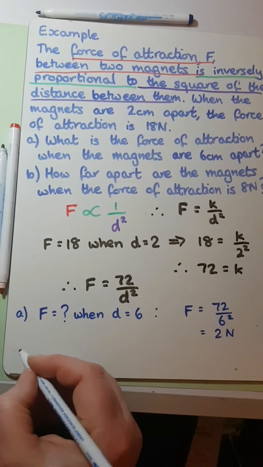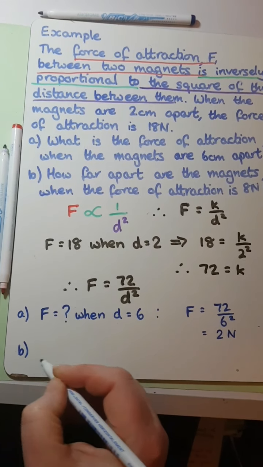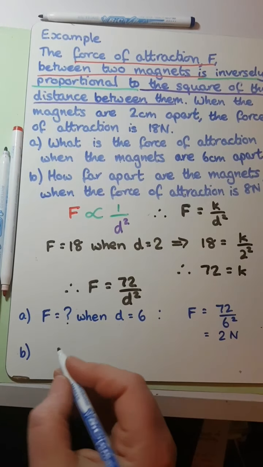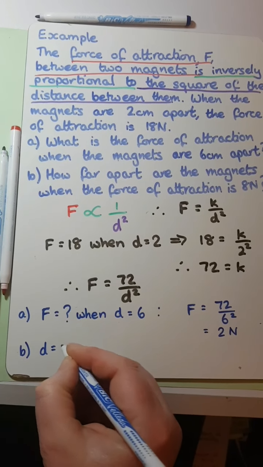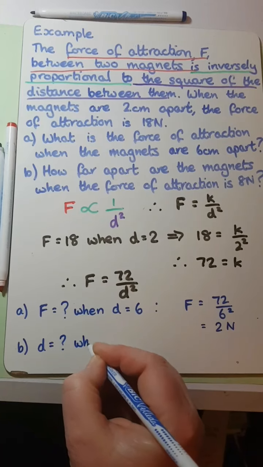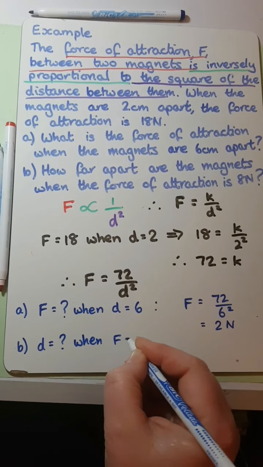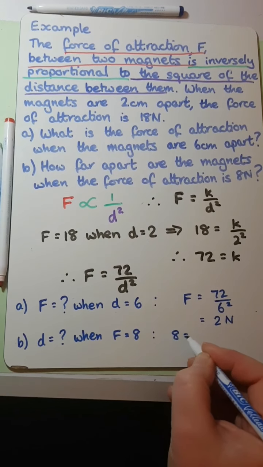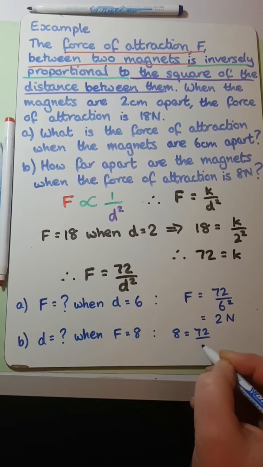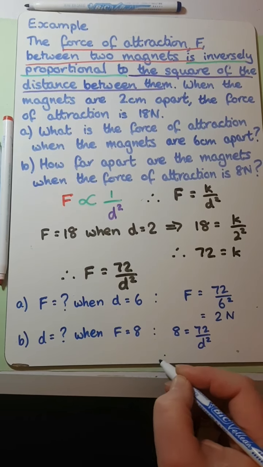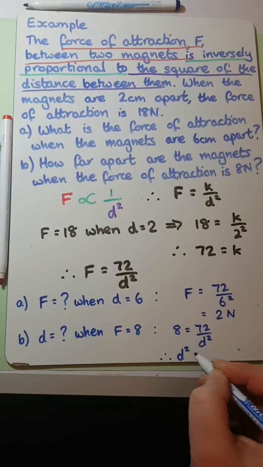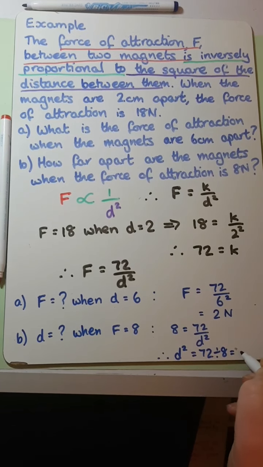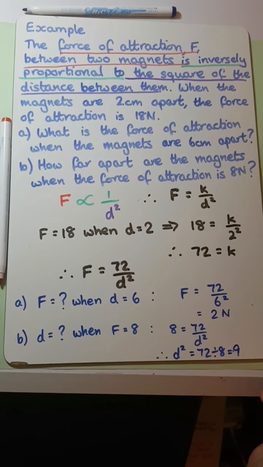Then I've got for part B, it says how far apart are the magnets, so I'm finding d when the force of attraction is 8. So that means I'm saying 8 is equal to 72 over d squared, which rearranging that will give me d squared is 72 divided by 8, which is 9, and I've run out of space.